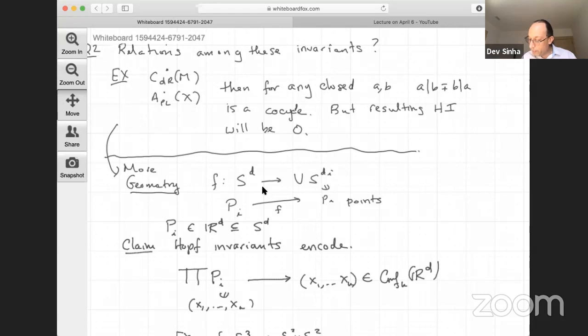This is my capital P_2. This is my capital P_1. And then the product of P_1 and P_2 would be a union of two tori.